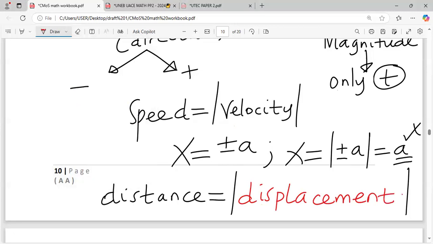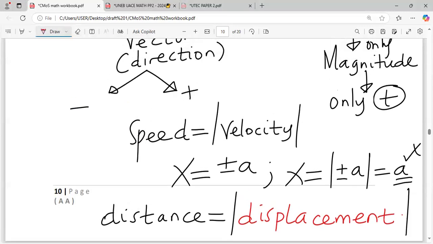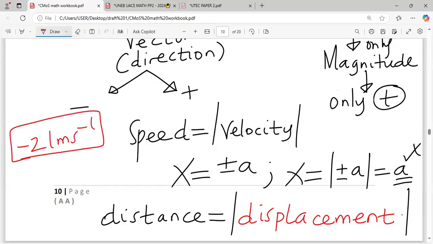So what I try to mean is that every time you get a velocity, when you get a velocity as negative 21, this velocity is the same as speed. Just because speed, we don't want to see the direction. Speed is a scalar quantity. We only want to see positive answers.